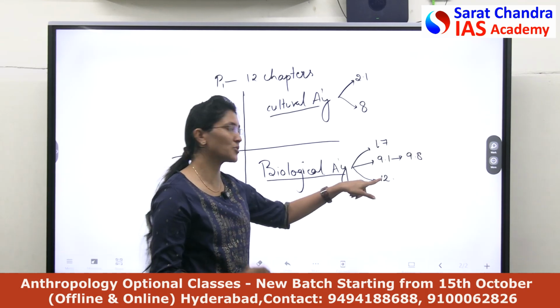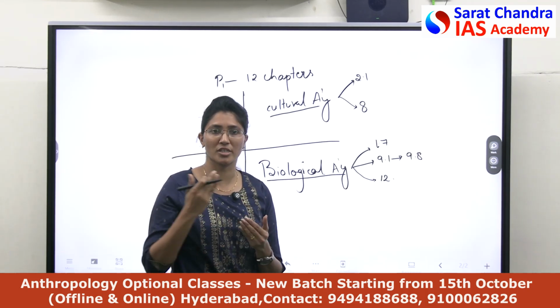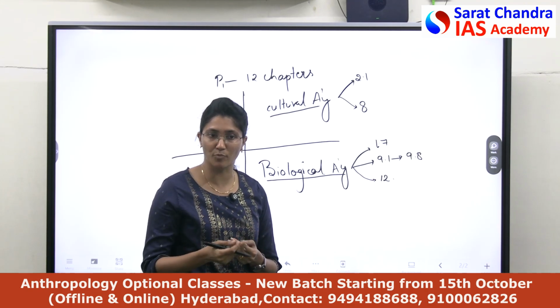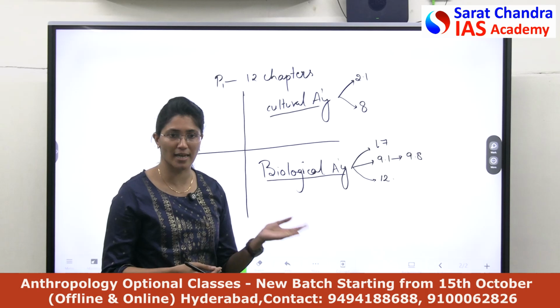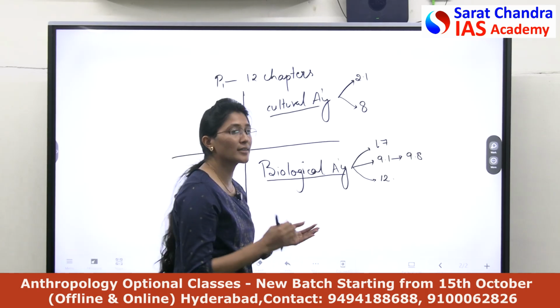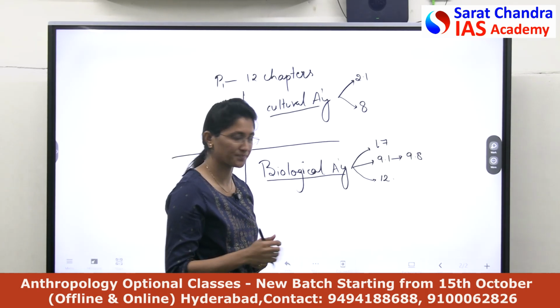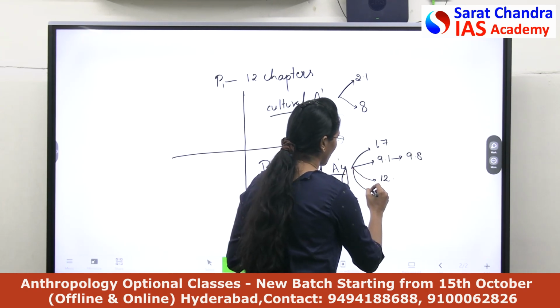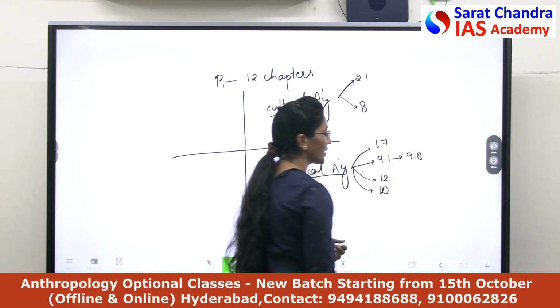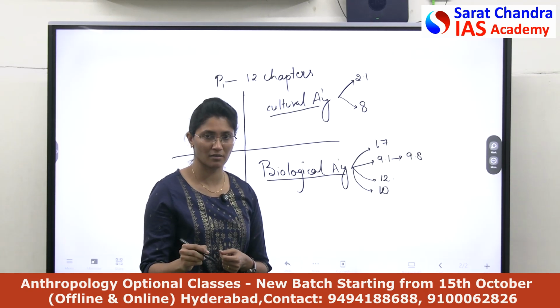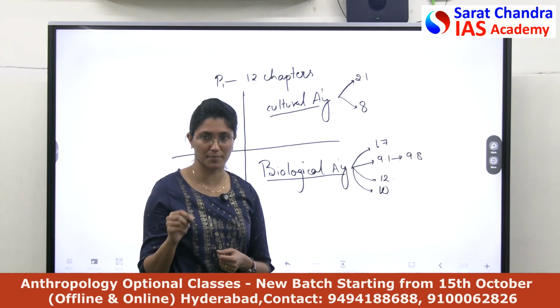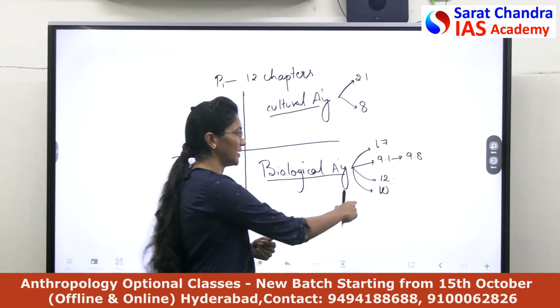In chapter 12, you study how anthropology is used in different fields like sports, kinanthropology, and forensics, forensic anthropology, and also anthropometric measurements. You have chapter 10. You study growth and development, somatotyping, how you classify body types, and why you should classify body types.